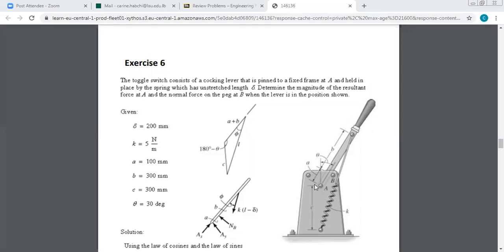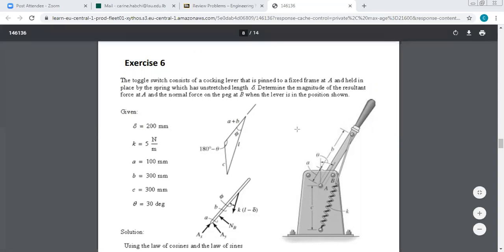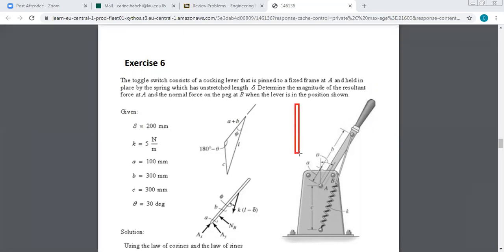When you have a member and they put a circle inside, this is a pin. It's like a screw that is not allowing displacement in X and Y. This is why at A, you have two reactions in X and in Y.